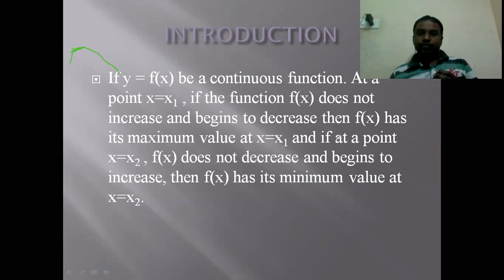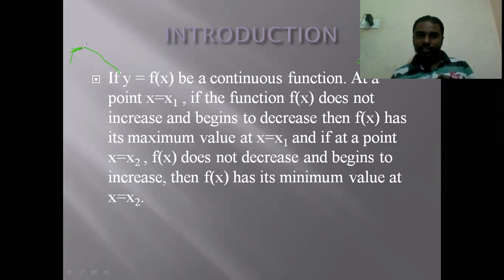Similarly, at some other point x is equal to x2, if f of x does not decrease but begins to increase, consider this point x2. From this point the function is increasing only. Therefore, we say that this point is a minimum.